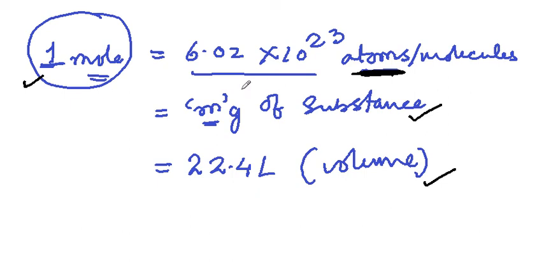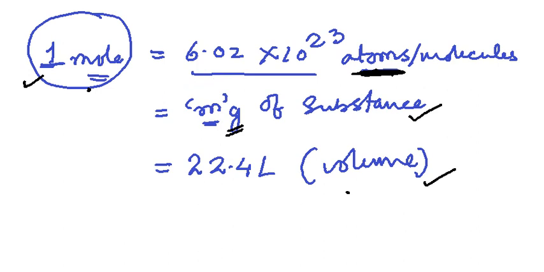Or in other kinds of questions they would possibly give us the mass of the substance, and they will ask us to find the atoms, the volume, the mole. It could be anything. So we have two ways of dealing with these questions. One way is we apply the logic of buying a chocolate from a store, and the other way is by applying the formula.